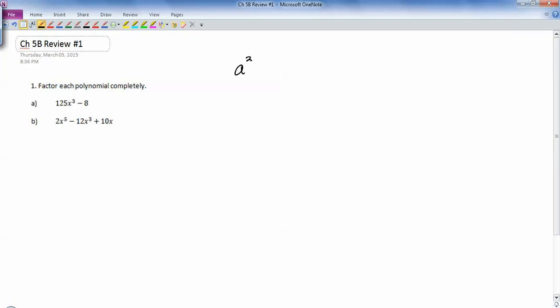At some point in Chapter 5, you learned that the sum of two cubes factors into (a plus b) times (a squared minus ab plus b squared).